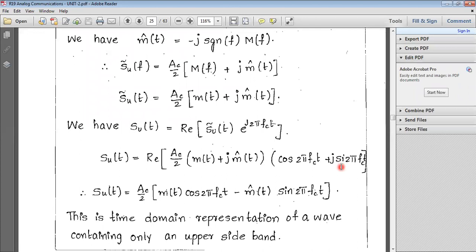e power j theta is cos theta plus j sin theta. So you can write in this form. After that, what is SU of t? SU of t is equal to, already you know, this after multiplication. Here we only consider the real part.